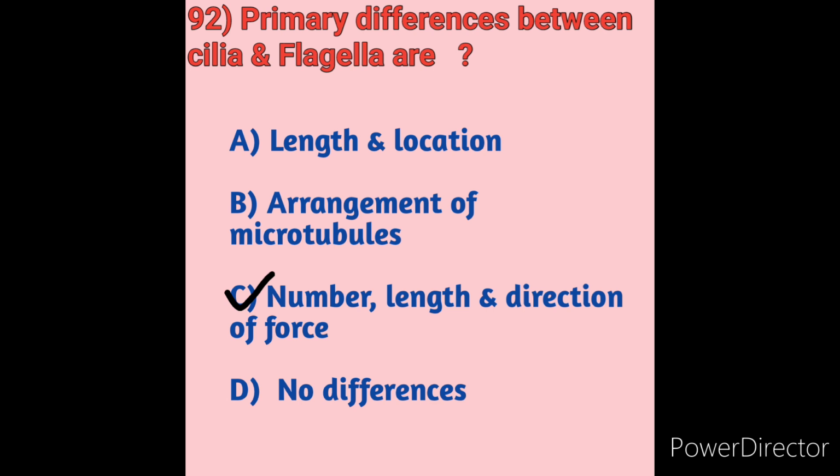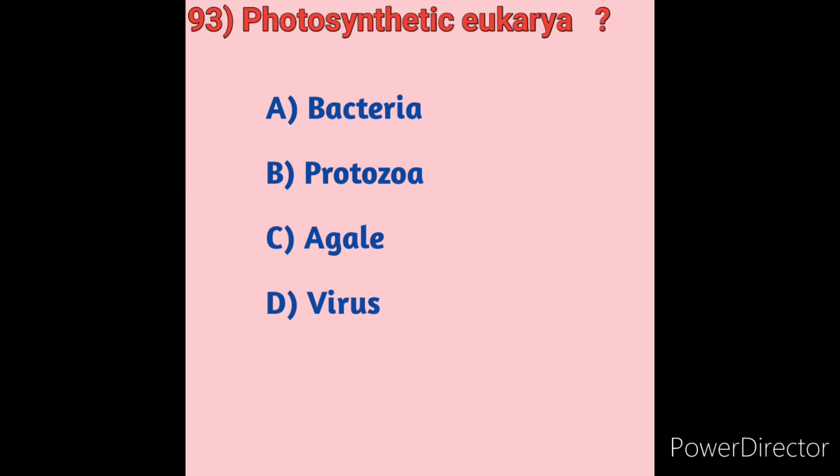Next we will move on to question number 93. Photosynthetic eukarya. We will see first the options: option A, bacteria; option B, protozoa; option C, algae; option D, virus. What is photosynthetic eukarya? The photosynthetic eukarya is defined as a vast assemblage of autotrophs.